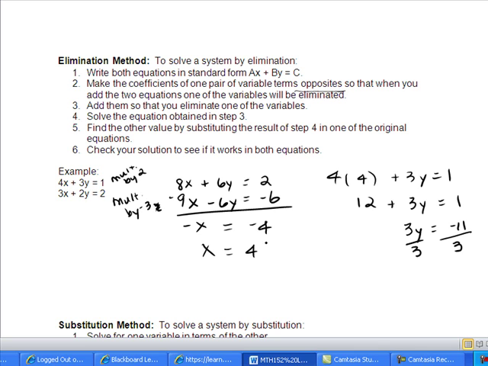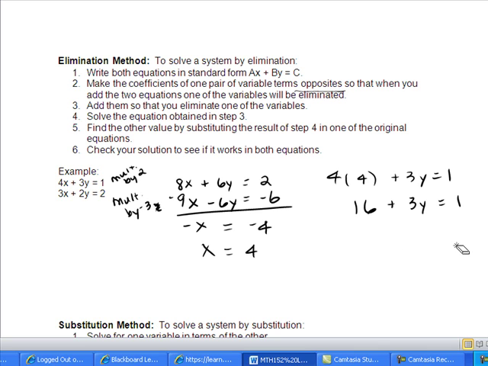So the answer would be the set of all x, y such that, and you want to put the equation. In this case, we could put such that 4x plus 3y equals 1.